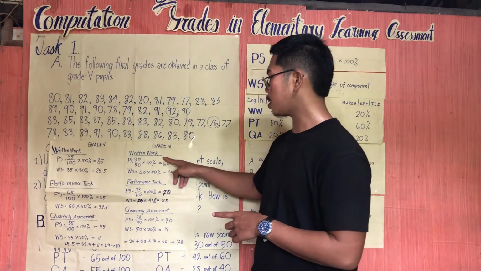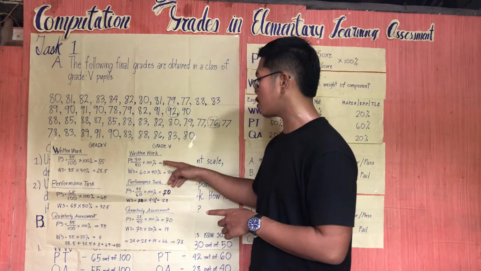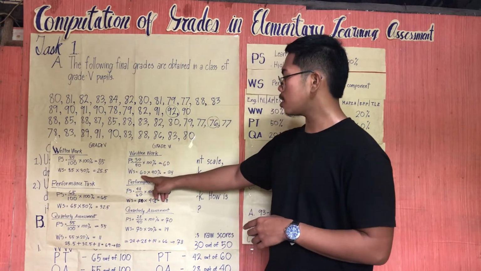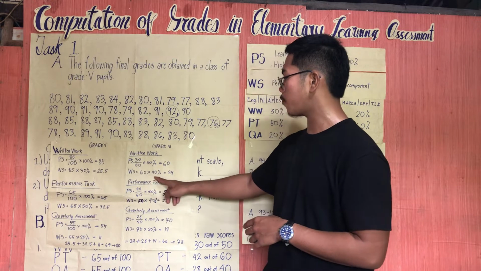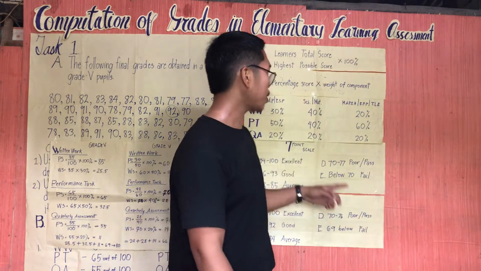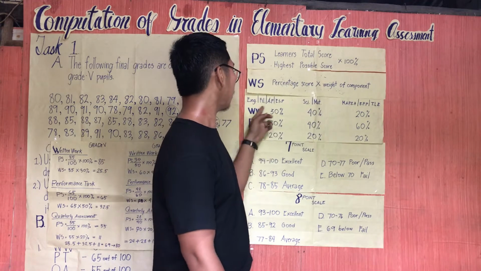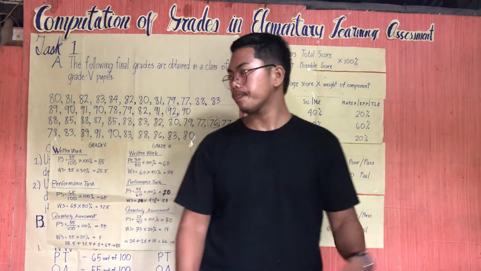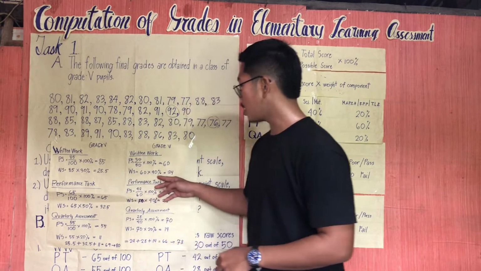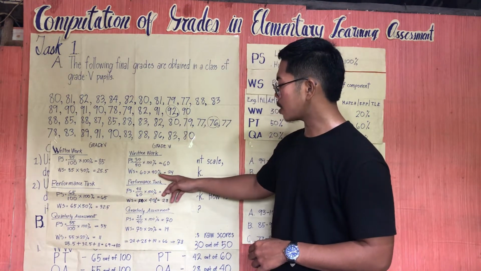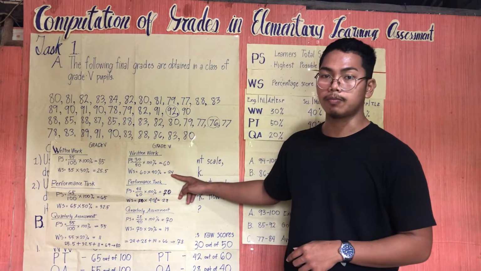And since we got the 60 for the percentage score, we use it to find the weighted score. 60 is the percentage score times 40%, because 40% is the corresponding weight of component for mathematics. Okay, so 60 times 40% is equal to 24.